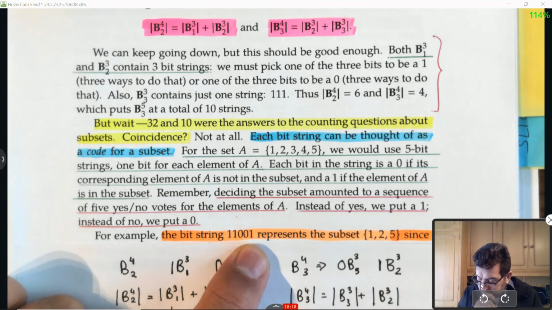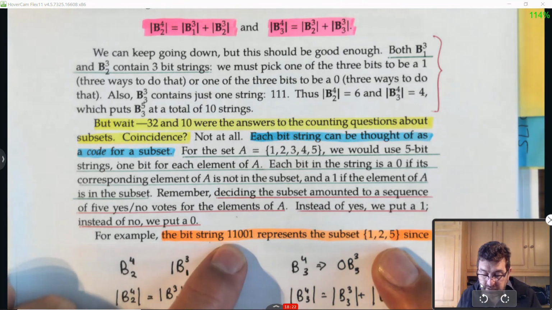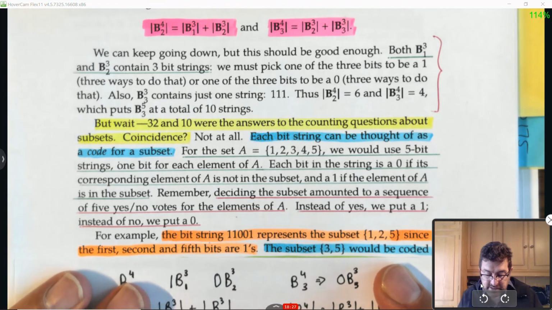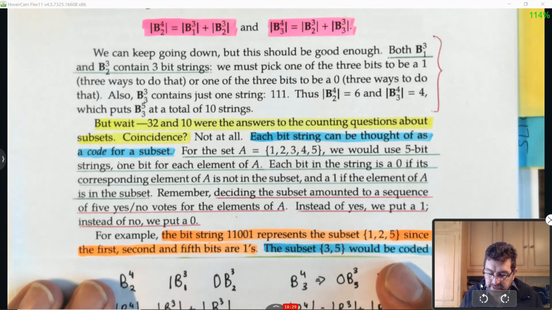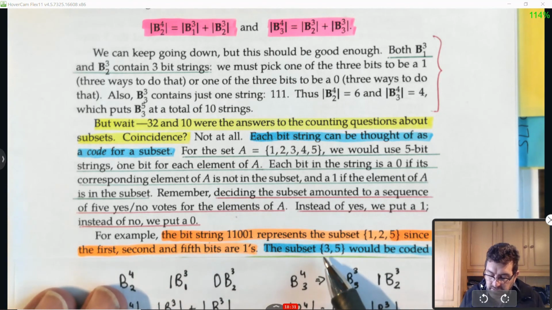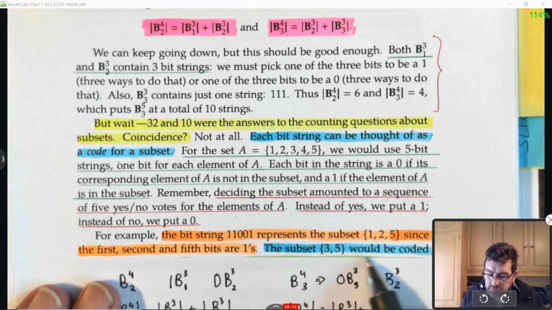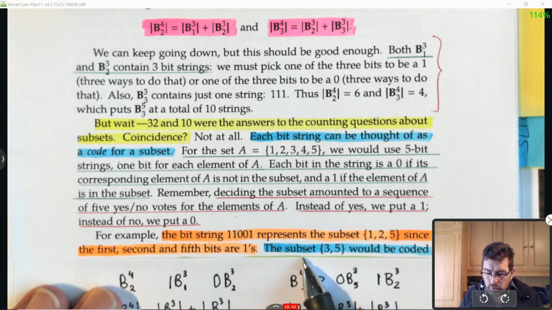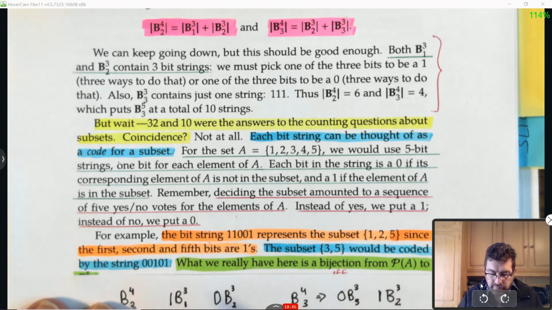So to represent that combination, we say 1, 1, 0, 0, 1, since the first, second, and fifth elements are in it. The subset 3, 5 could be coded how? 3 is in and 5 is in, so 1 and 2 are out: 0, 0, 1, 0 for 4, and 1 for 5. 0, 0, 1, 0, 1.